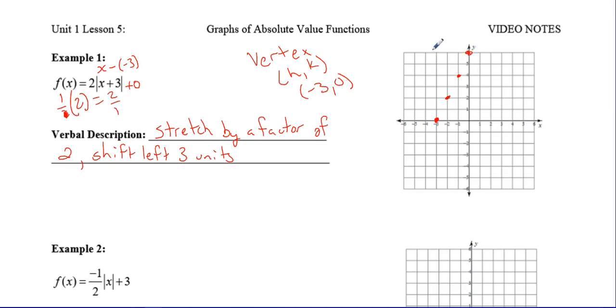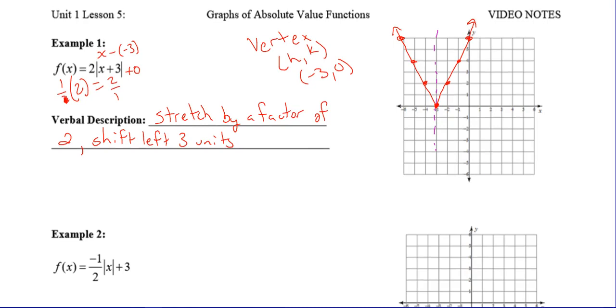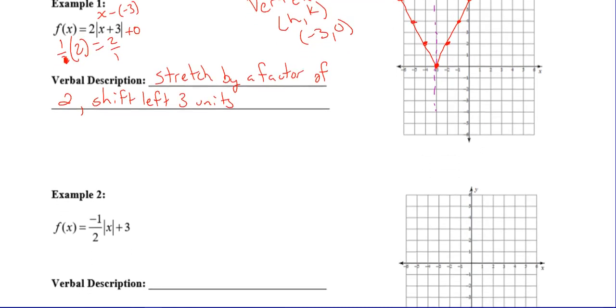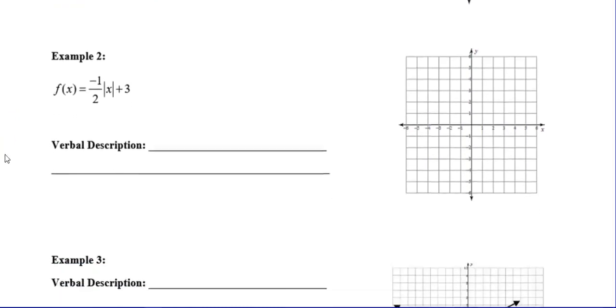And we have our axis of symmetry here at the vertex. So I know that these points will just reflect over. And there's the graph of my function after it's been transformed. Hopefully you find that easy to understand. So right now, pause the video and try example number 2.